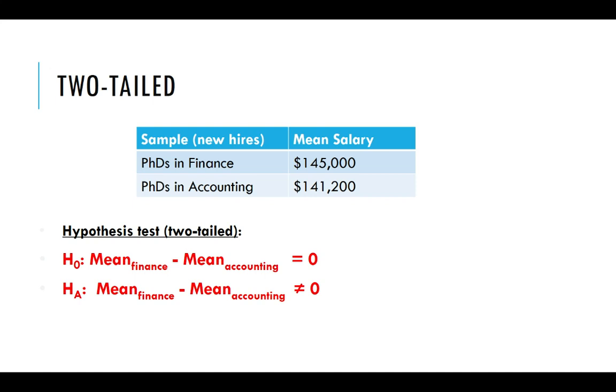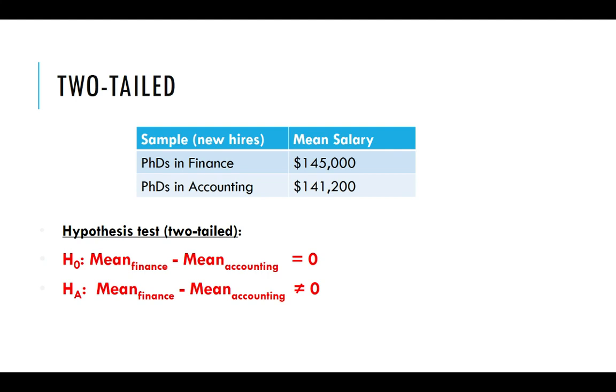So my null captures the idea that there's no difference, and my alternate hypothesis here captures the idea that there is a difference. Now, again, for the two-tailed test, saying that the null captures the thing that isn't true doesn't quite work here. But you get the idea. No difference is going to be our null. Difference is going to be our alternative hypothesis.